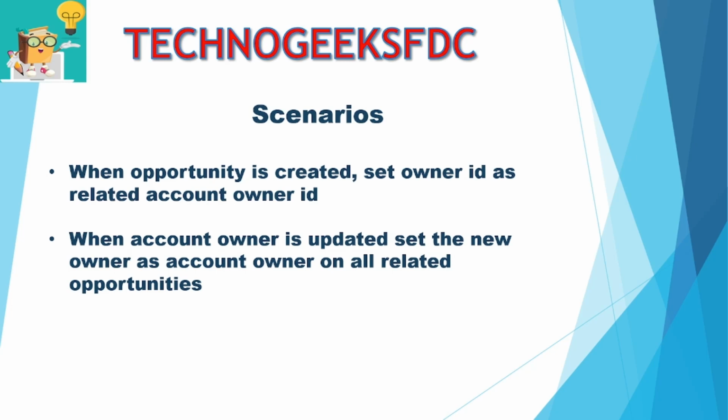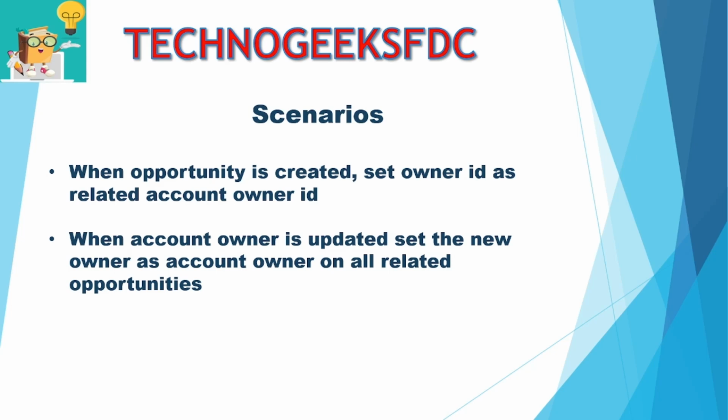We will start first with the opportunity-related scenario, when an opportunity is created. In this case, we will be writing a trigger on opportunity because we are doing a DML on the opportunity object; basically we are creating a record on opportunity. We'll write the trigger with before context.